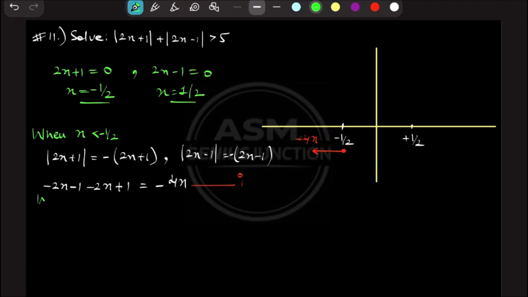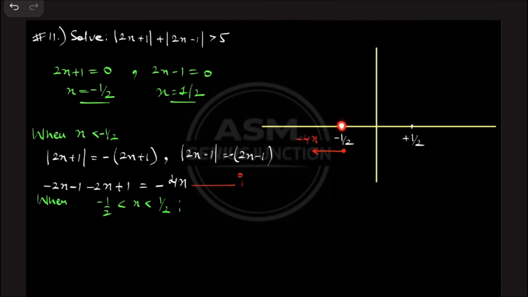Similarly, when x is between minus 1 by 2 and plus 1 by 2, right? When x is between minus 1 by 2 and plus 1 by 2, obviously this one is going to open with a positive sign and this one will give you a negative sign.